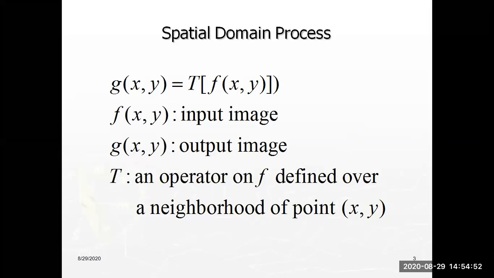In the frequency domain also there is f of x comma y and g of x comma y, but in between them the middle one is capital G of x comma y, which indicates the frequency domain. We will see that later, but here the input and output are both spatial: f of x comma y is the input, g of x comma y is the output, and T is the operation we are applying on the image.